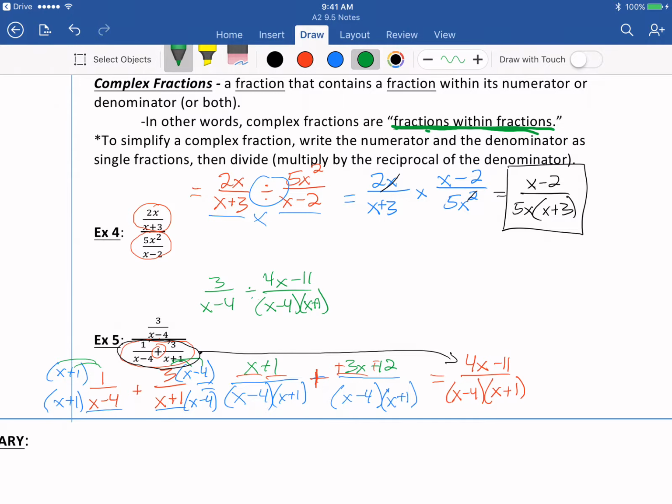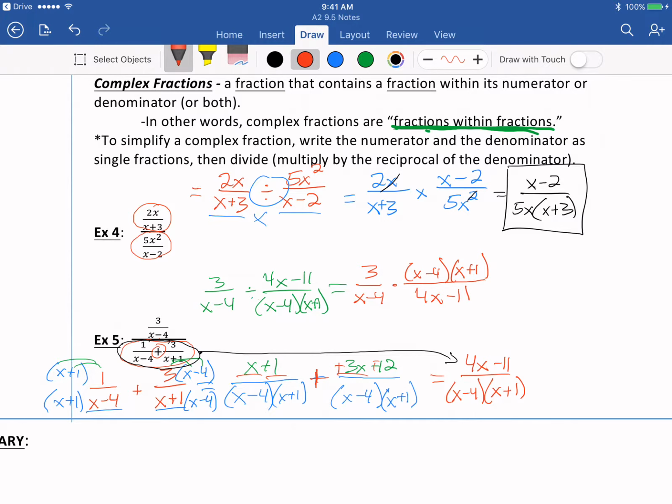So instead of dividing, what do we like to do? Keep, switch, flip. I better hear that from you. Keep, switch, flip. So now I keep the first one. I have 3 over x minus 4. I'm going to multiply that by x minus 4, x plus 1, all over 4x minus 11.